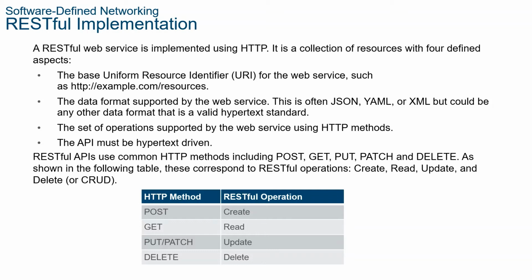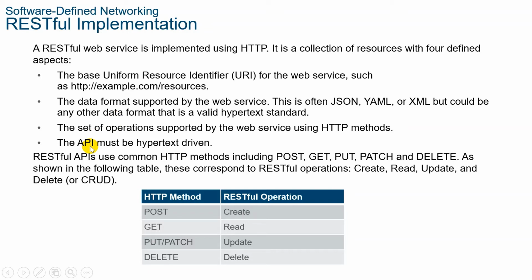Second, the data format supported by the web service. This is often JSON, YAML, or XML, but could be any other data format that is valid hypertext standard. Third, the set of operations supported by the web service using HTTP methods. And the API must be hypertext driven.